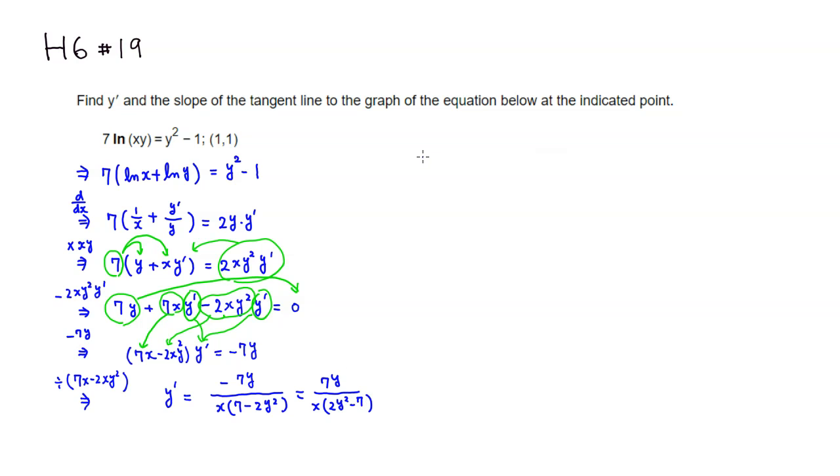If you evaluate y prime at (1, 1), you're going to get 7 times 1 over 1 times 2 times 1 squared minus 7. So 7 times 1 is 7, and that's 1. So it's 2 minus 7, which is negative 5. So we have negative 7 over 5.